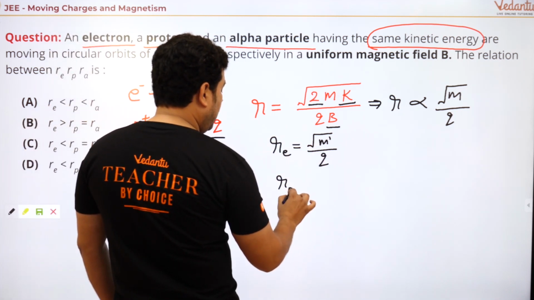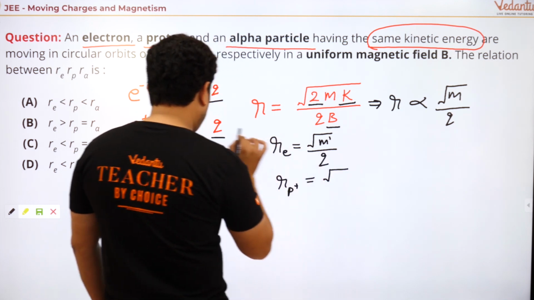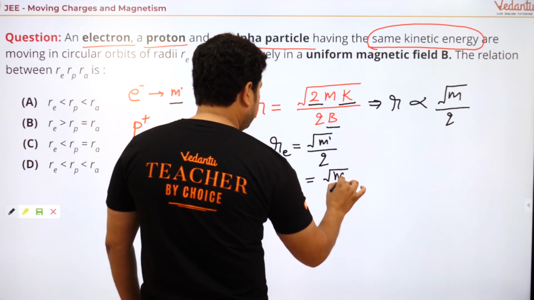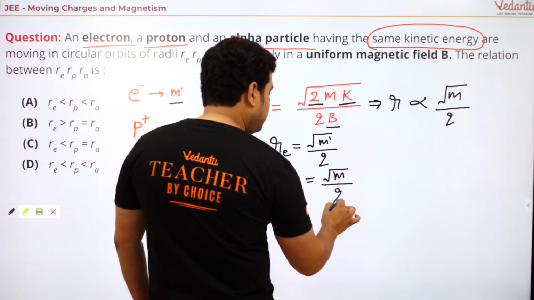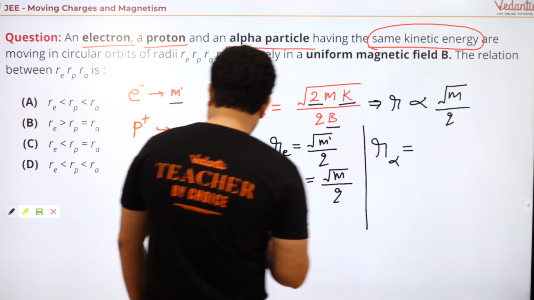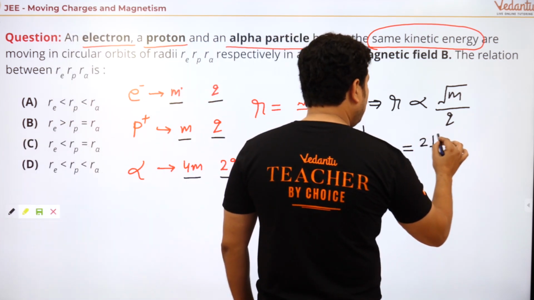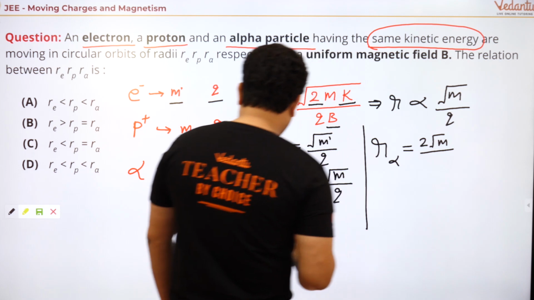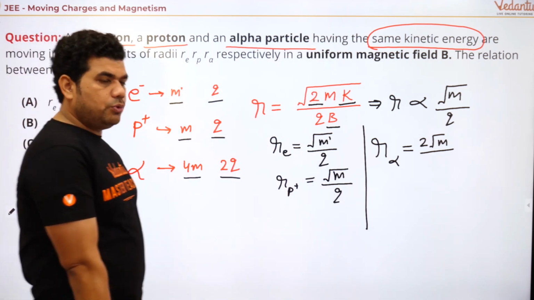For the alpha particle, root of 4m, so you can write 2 root m, divided by the charge 2q.